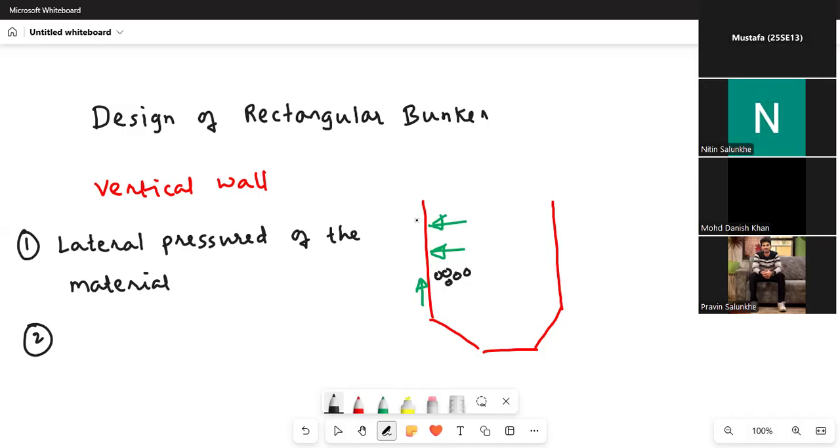First force is the lateral pressure because of the material stored, and second is the frictional force between the material and the concrete surface.